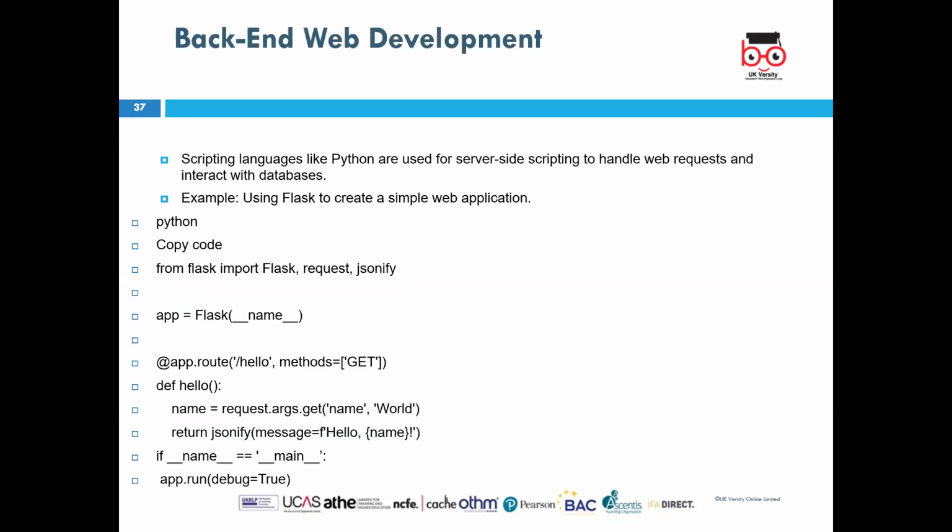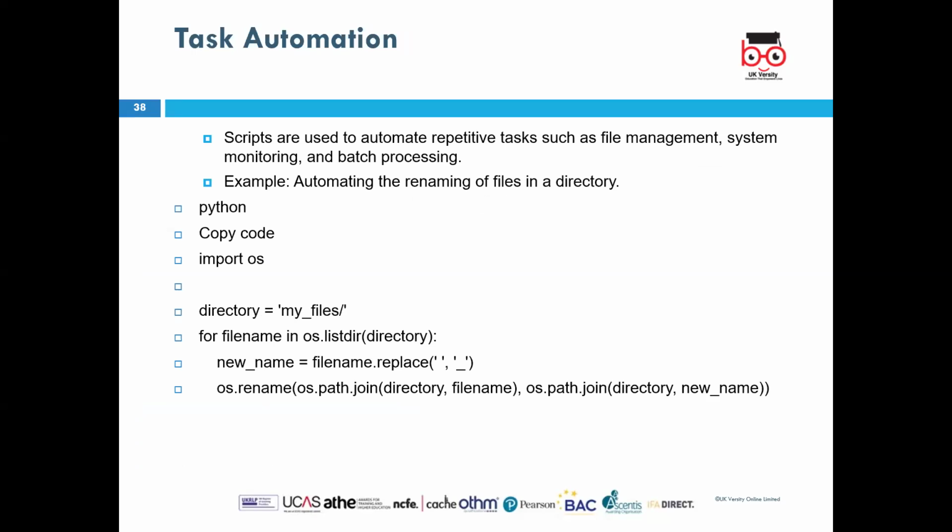Data pipelines, as mentioned, and also web development: scripting languages like Python are used for server-side scripting to handle web requests and interact with databases. Task automation is where scripting is used to automate repetitive tasks such as file management, system monitoring, and batch processing.